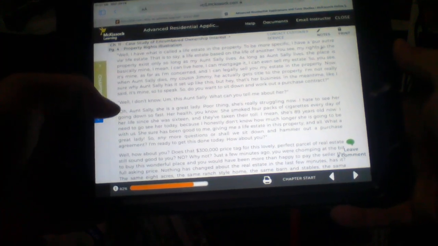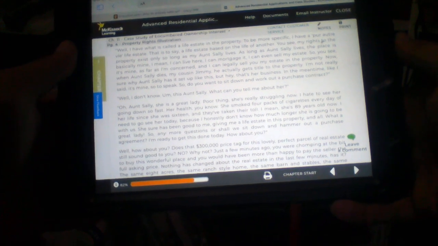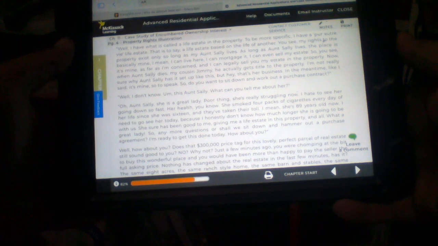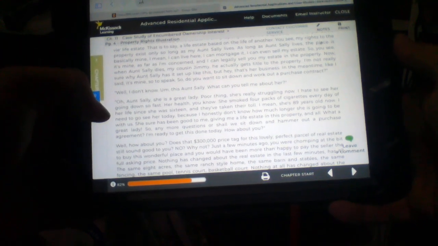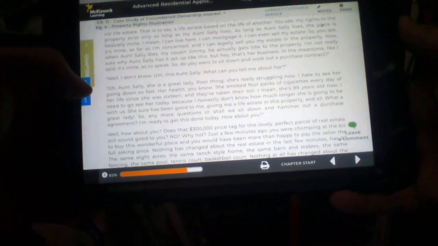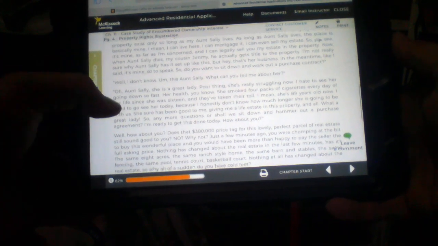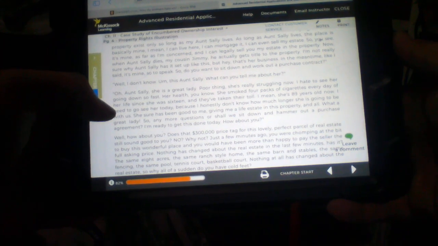"Well, I have what is called a life estate in the property. To be more specific, I have a per autre vie life estate. That is to say, a life estate based on the life of another. You see, my rights to the property exist only so long as my Aunt Sally lives."